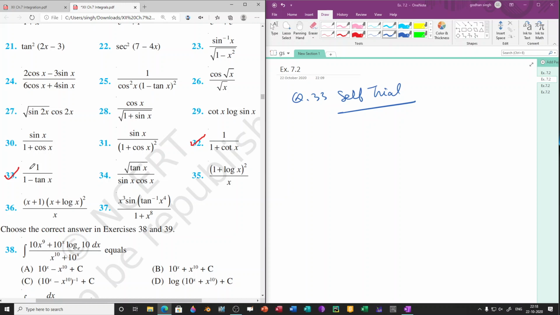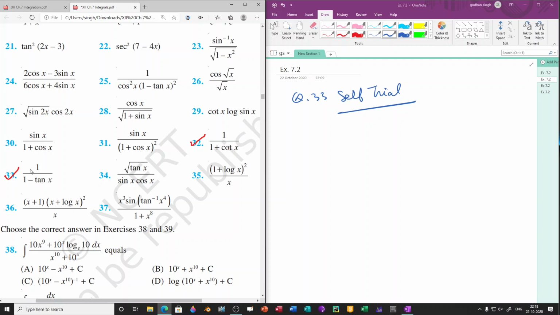In mathematics, most of the work has to be done by the students. What is the aim of the teacher? His aim is to teach and guide you. All the remaining work has to be done by the students themselves.